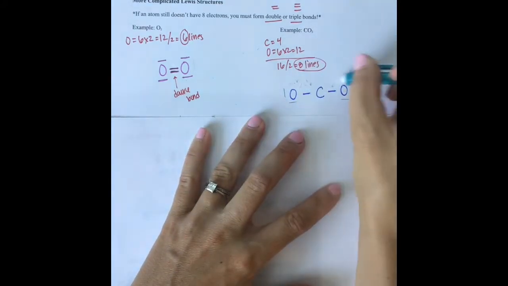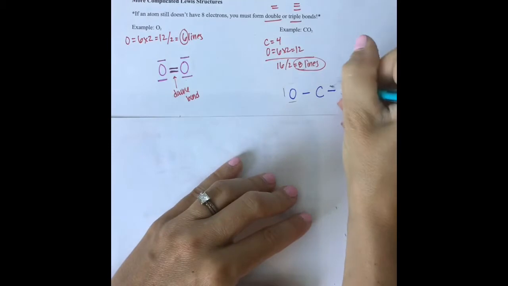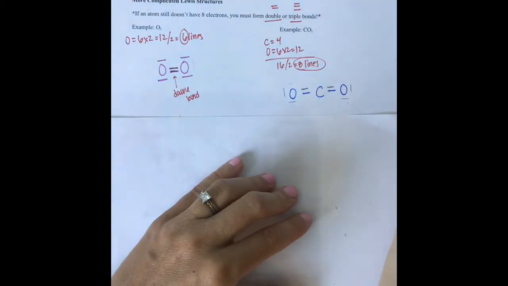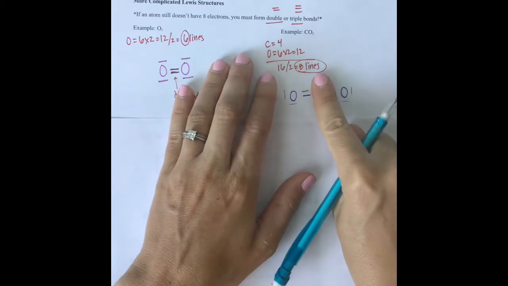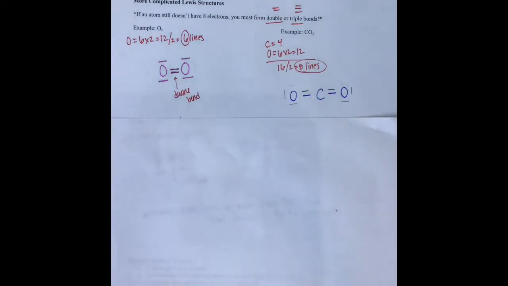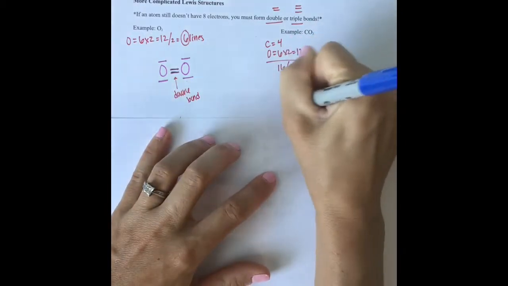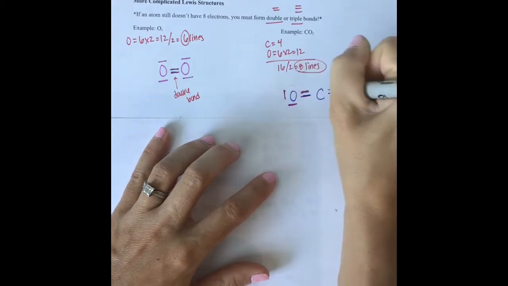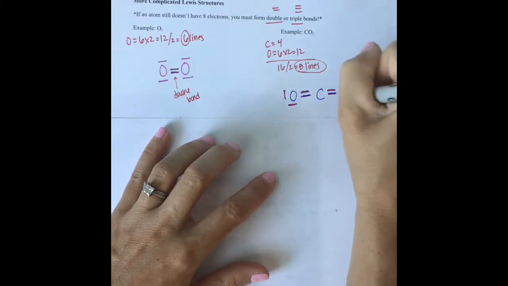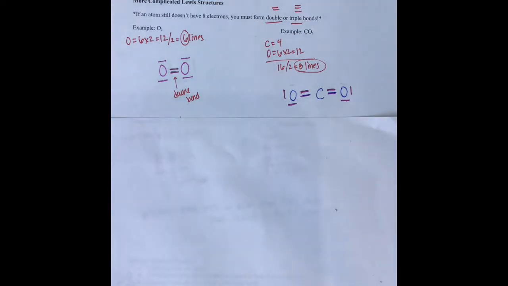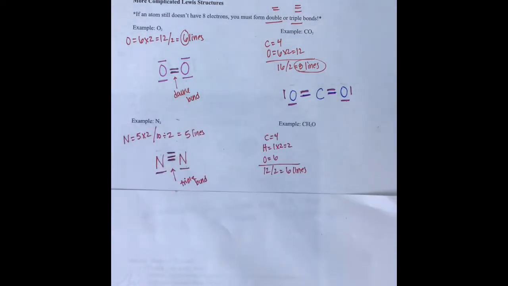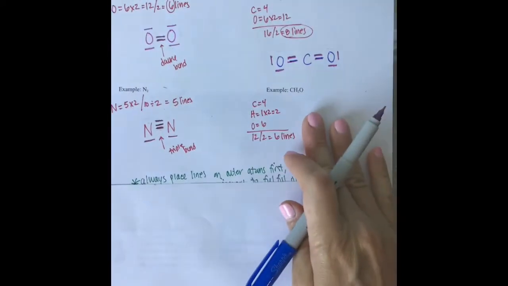So you can erase or you can cross them out, and you can move a bonding pair inward so that now carbon has 4 lines and each oxygen does as well. So you will have double bonds to your carbon, and then you will have extra pairs on each oxygen. That's what carbon dioxide should look like.